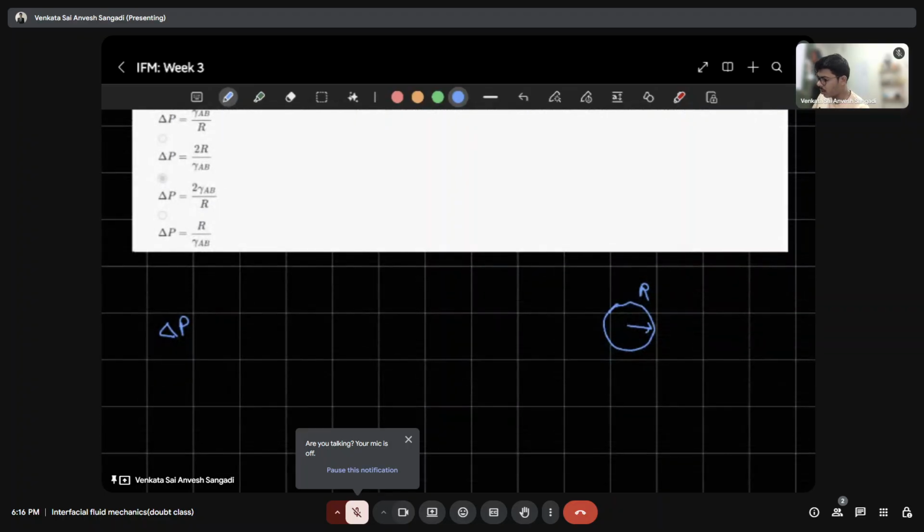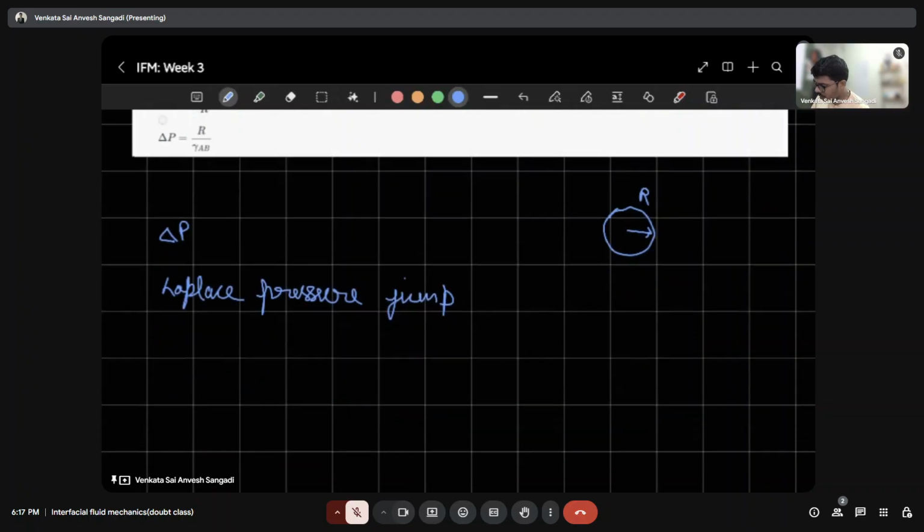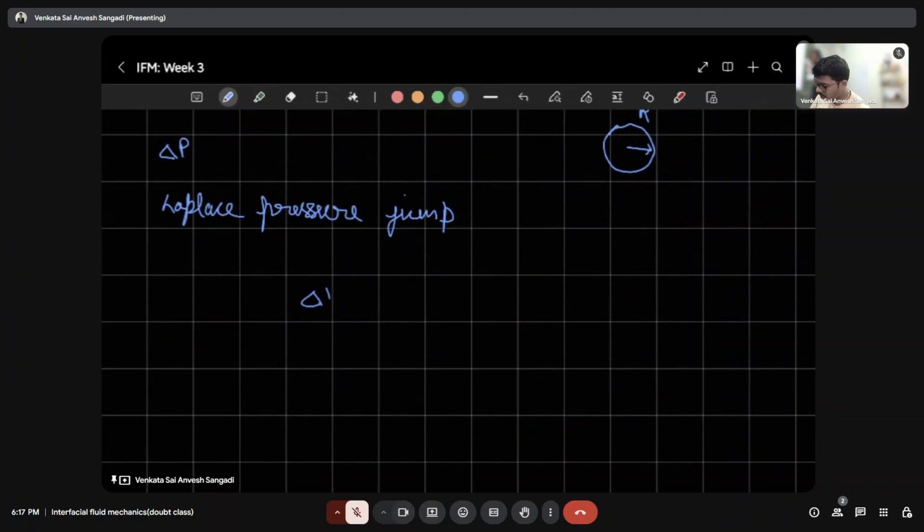In the course, we have seen the Laplace pressure jump, which says that delta P is equal to gamma times 1 over R mean.